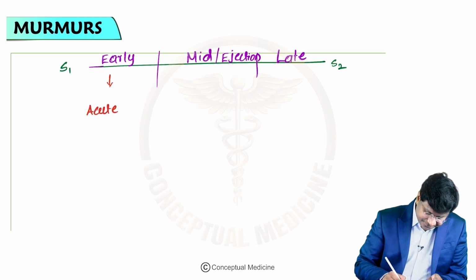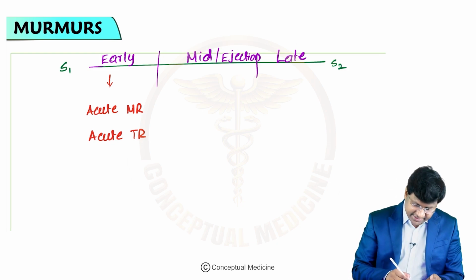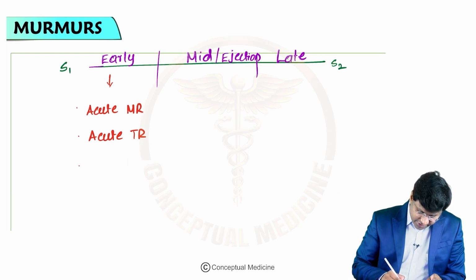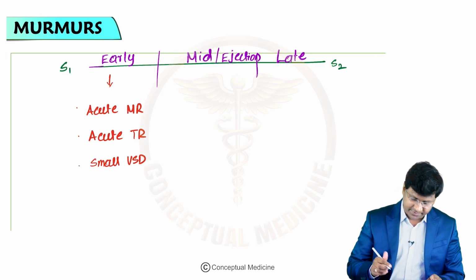If you take the early systolic murmur, you will come across this in patients with acute MR, acute TR, and this early systolic murmur is also heard in small VSD. So these are the conditions where you have the early systolic murmur.